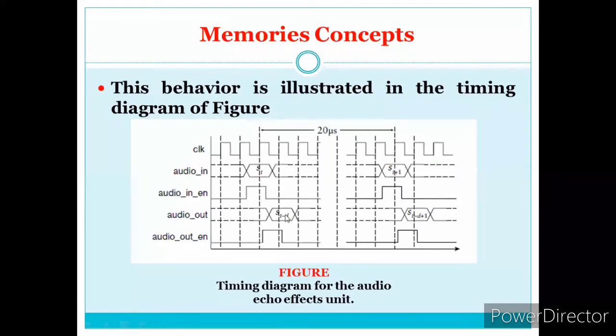The same way, when the signal is active, the next data is taken and transferred here. So in this way the data is read with the help of an enable signal. This enable is for the output, and this enable is for the audio input. With this enable you are getting the data, and with this enable you are getting the audio out.